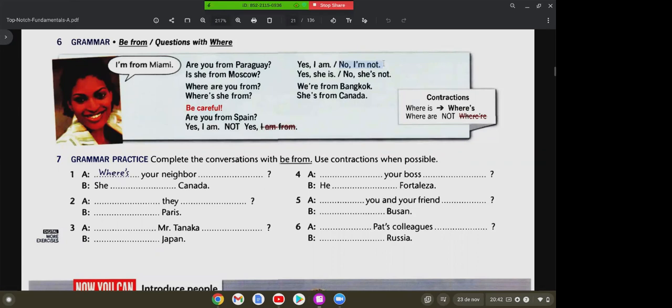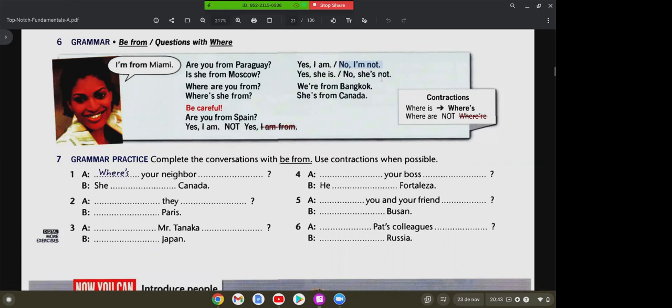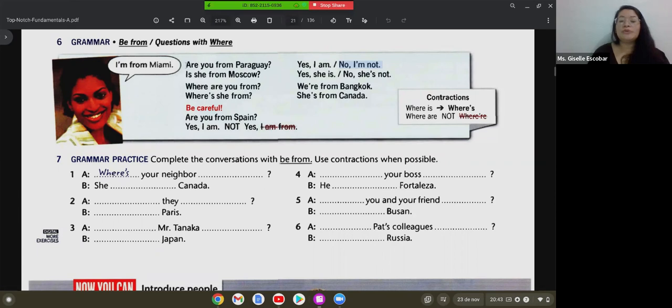Porque es otro verbo. En este caso, como estamos preguntando, are you? Entonces la respuesta siempre va a ser yes, I am, or no, I am not.